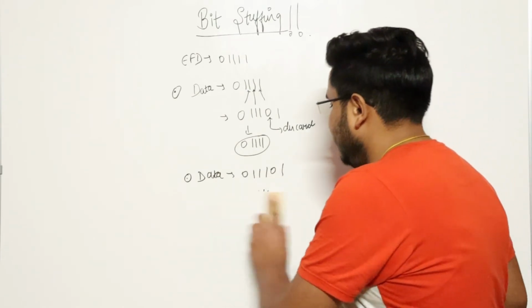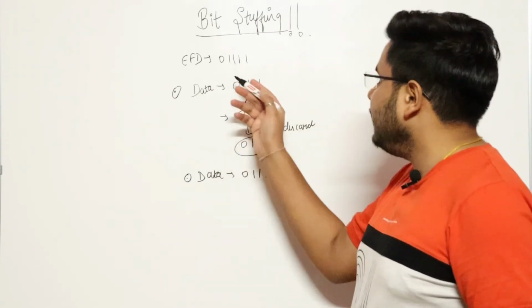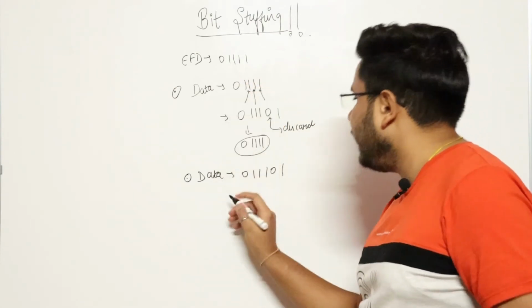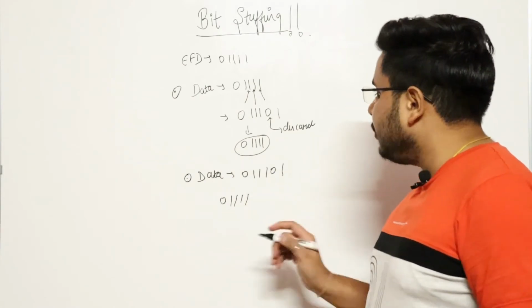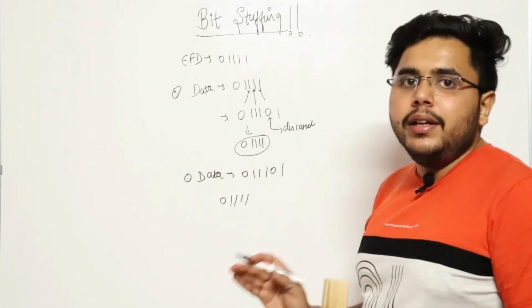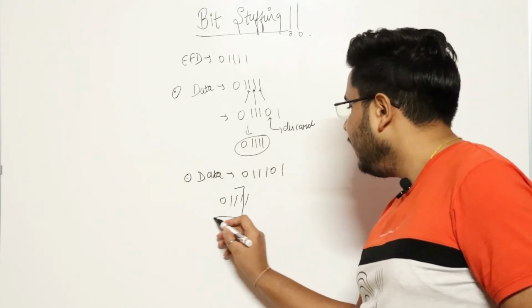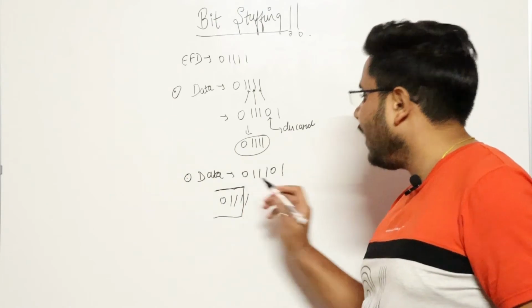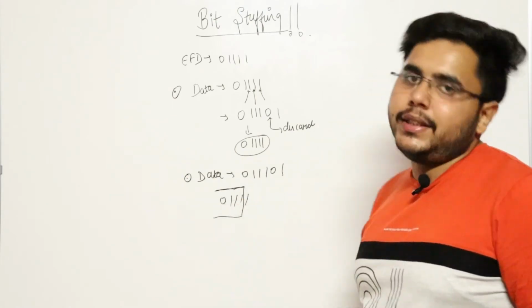So for this, a universal rule was developed. Whatever your EFD pattern is, suppose my EFD is 0 1 1 1 1, you take this EFD till the second last bit, and in your data after this part always add a 0.